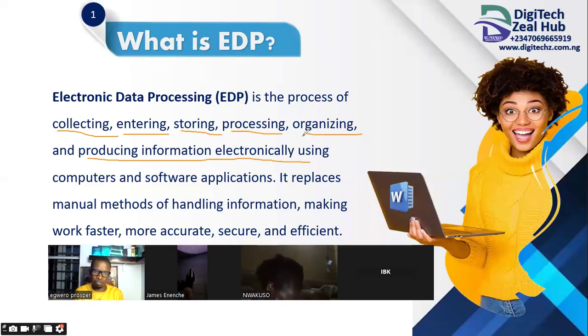Now, we need to have word processing organizing skills. Organizing skills, not just processing skills, not just entry skills. We need to also have what? Organizing skills. So by the time we get to that Microsoft Word, we are not just going to be typing anyhow, scattering the information within the page.